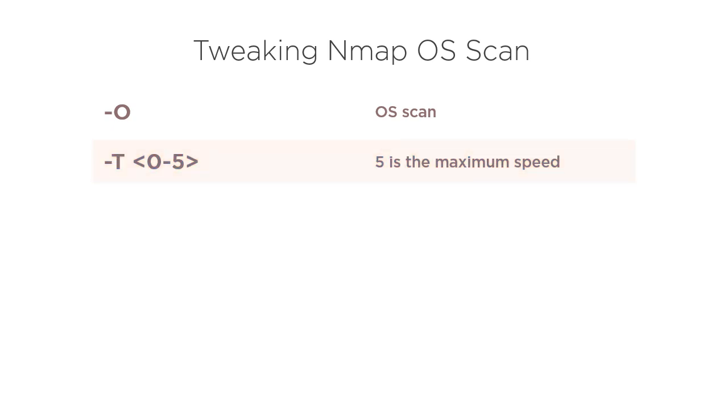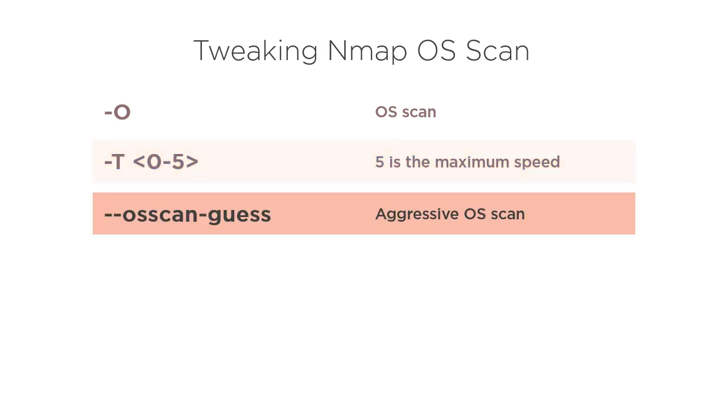All right, now comes another option that we can use to aggressively scan for the OS. And it's called the osscan-guess. I will show you later in the demo how it looks in practice.